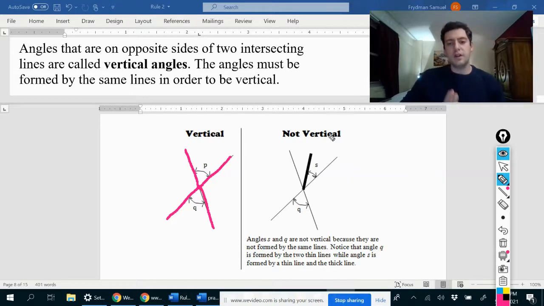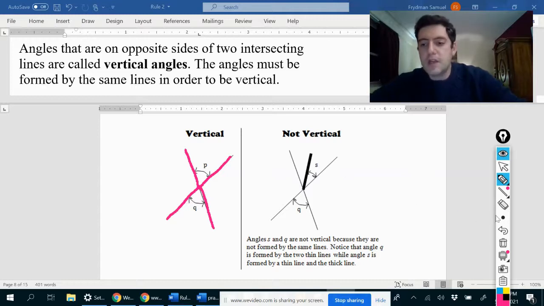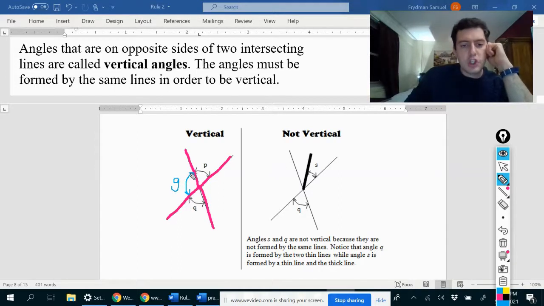Now, before I move on to this example over here, just because I know that this confuses so many students, what if I were to talk about this angle over here? Let's just come up with a letter for that. I'll call this one G. Angle G over here is not vertical to angle P. These are not on opposite sides of the intersecting lines.